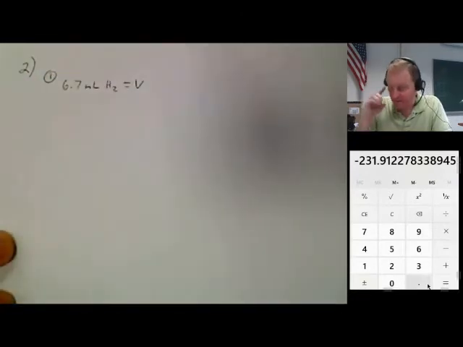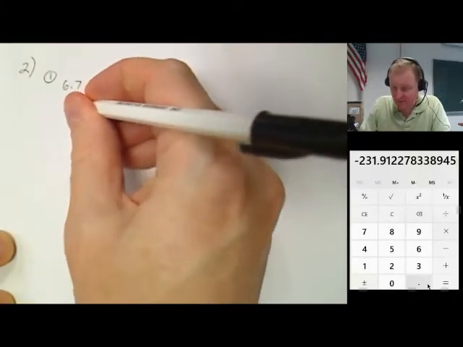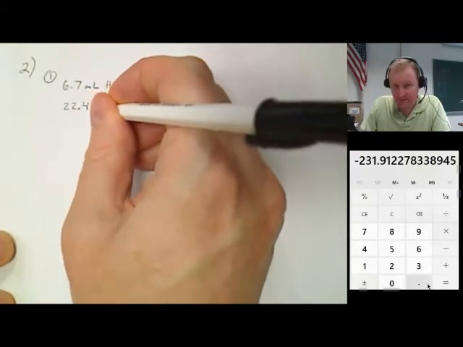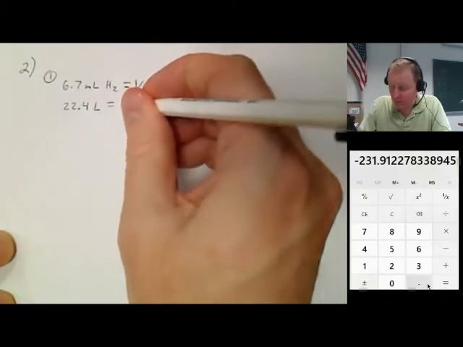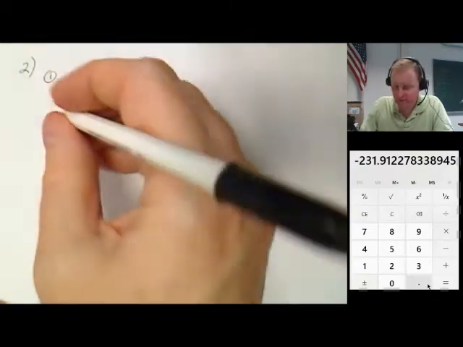It says the lab's under standard conditions, and under standard conditions we have 22.4 liters per mole of gas. And the question is, what's the energy that was released in this?